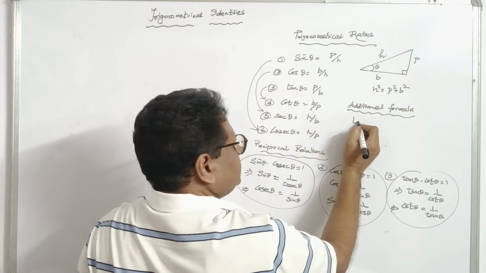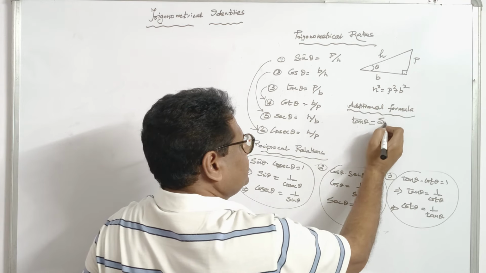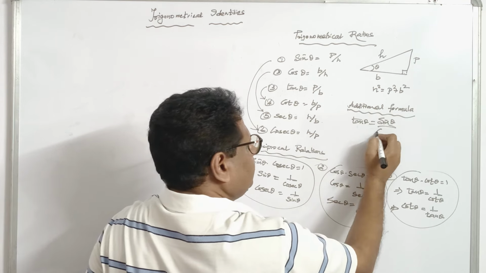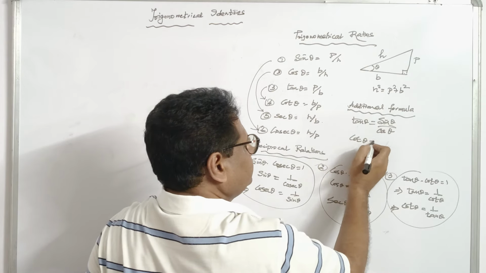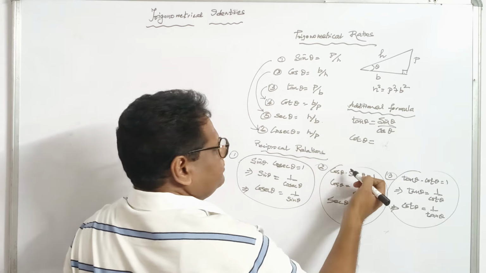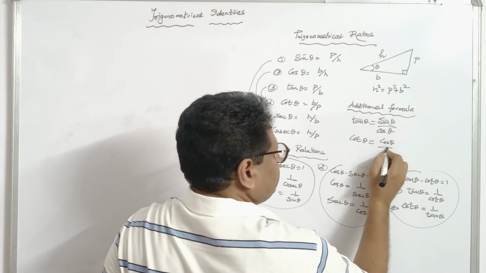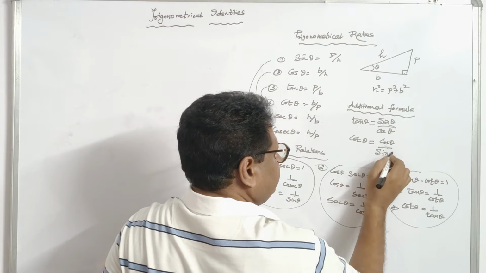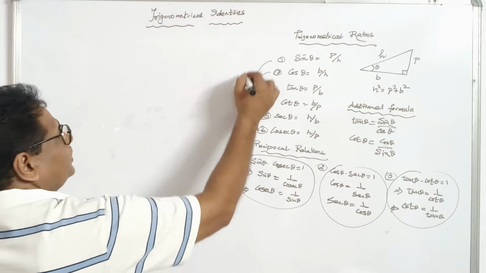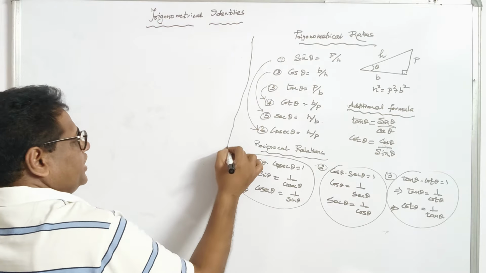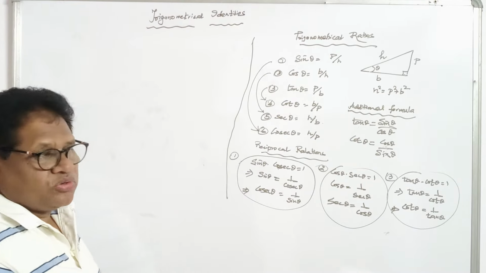These additional formulas are tan theta equals sin theta by cos theta, and cot theta, which is the reciprocal of tan theta, is the opposite, that is cos theta by sin theta. Now let's move on to the main topic. That means we are going to prove identities, sums based on identities.